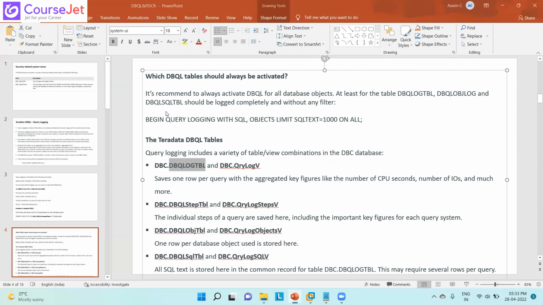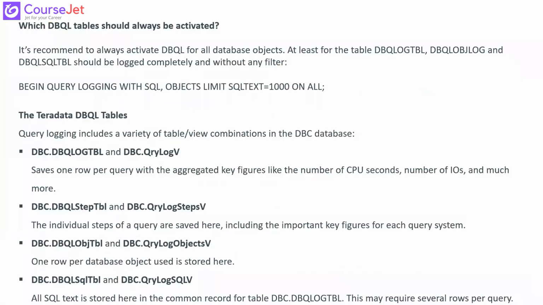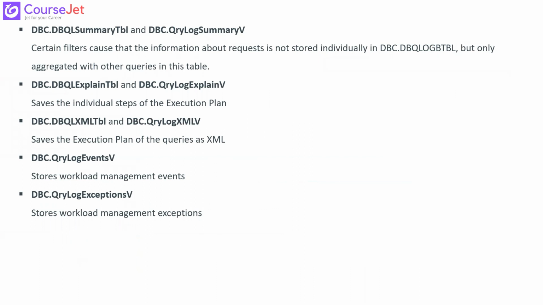Then what is the joining column between those two? It's SQL text. We'll see that. Okay, fine. Maybe you can go to that step later. You can continue with the slide. I just asked that question.